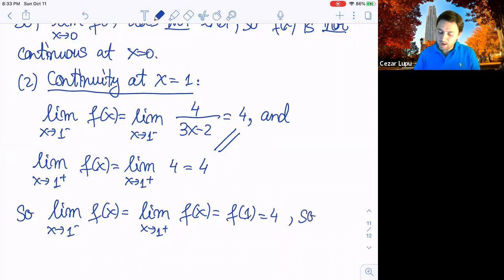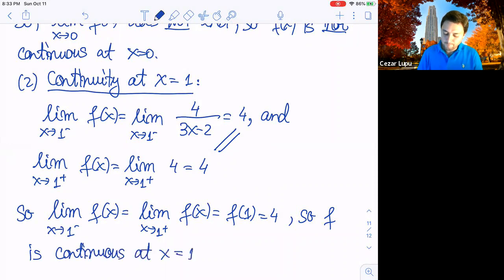So we say that f is indeed continuous at x equals 1. And that's it. You see, this function was not continuous at x equals 0, but it was continuous at x equals 1.